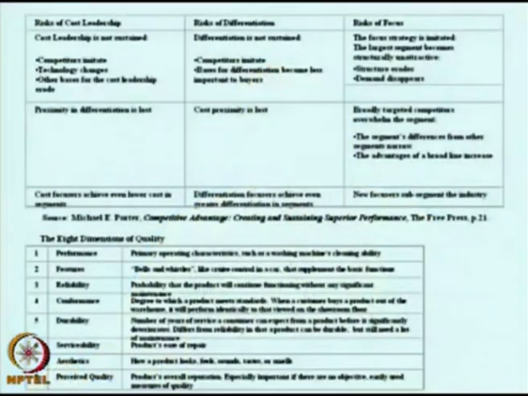Suppose your spares are not easily available, then the company charges you more for the replacement of the spares. So, if the serviceability, the ease of repair, is not there, then it loses on this dimension of quality.